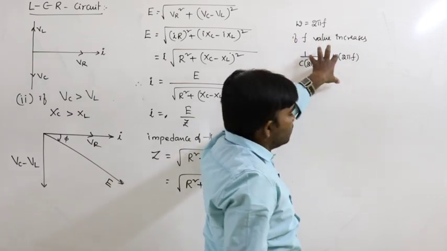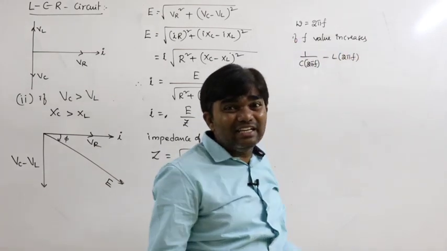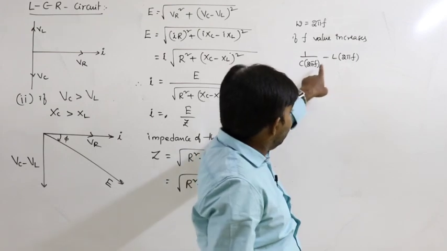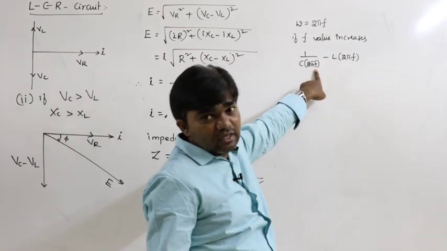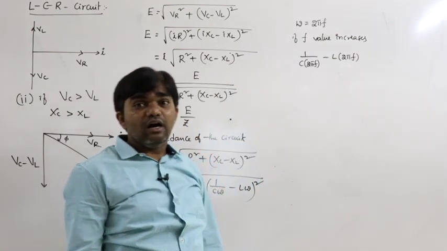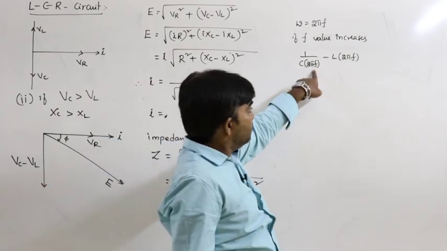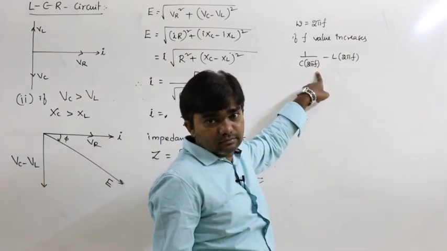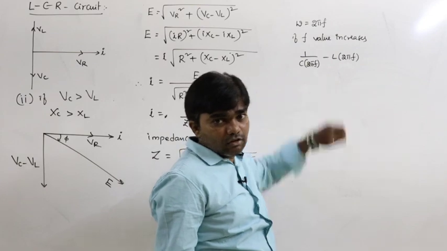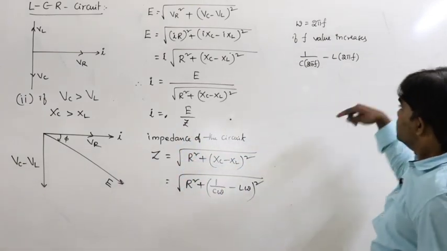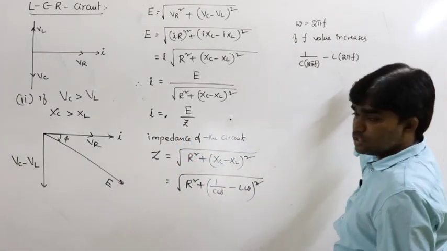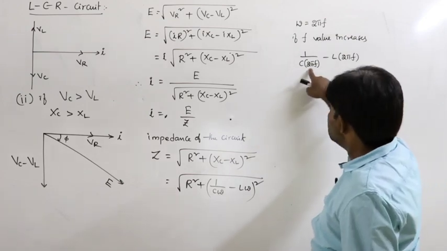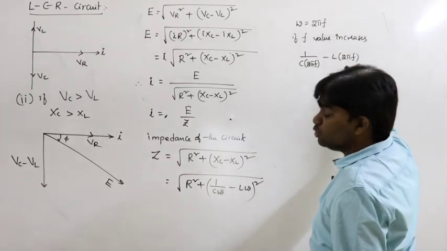So the impedance of the circuit decreases here due to the increase in the alternating frequency. Impedance value decreases, right or wrong?